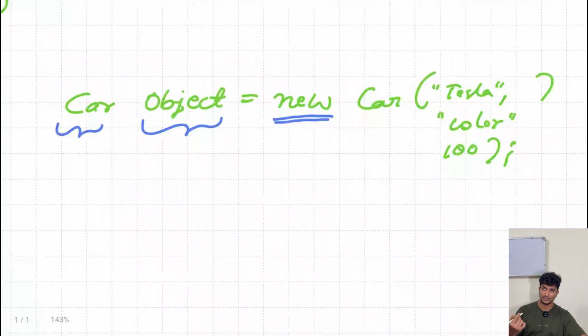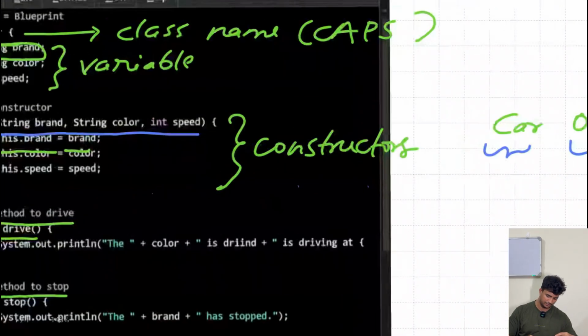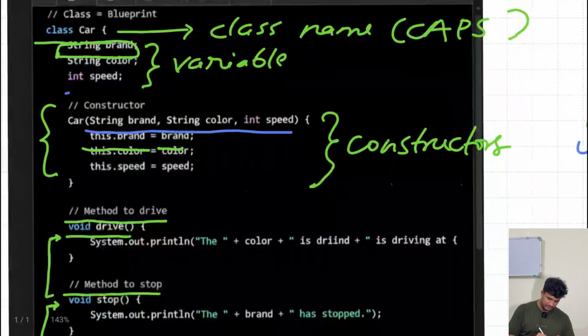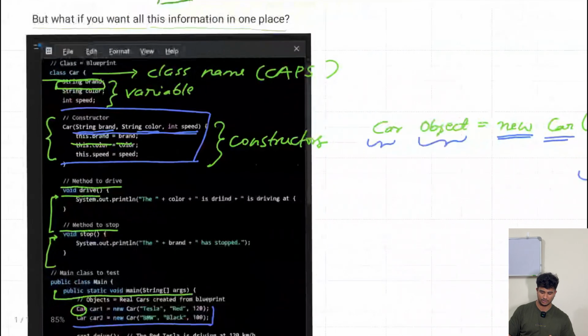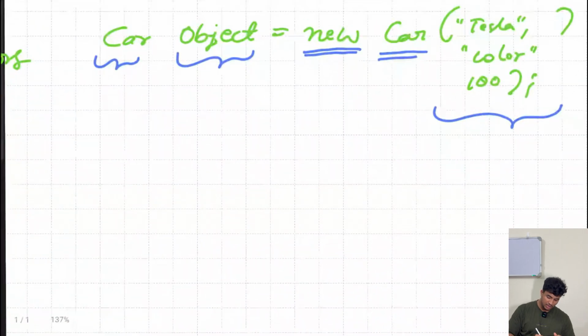It is followed by the class name, then everything the constructor has here, this is a constructor, right? Whatever it has, we have to pass a brand name, a color name, and a speed, whatever you want.